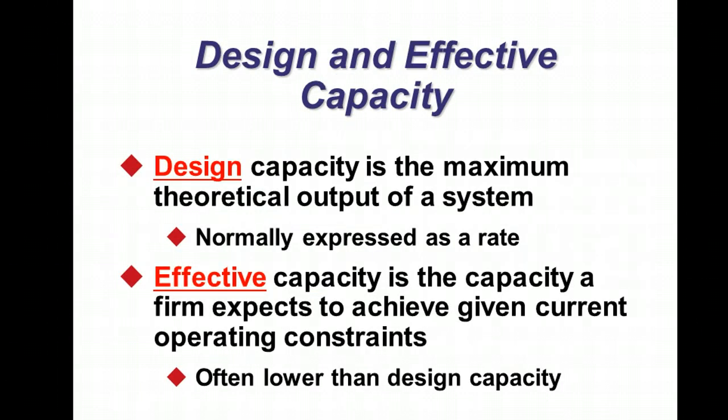Okay, so that's capacity. When you're talking about capacity, you have a couple different measures. You have what they call design and effective capacity. Design capacity is the maximum theoretical. Keep in mind that design and theoretical are pretty strict engineering terms: the absolute maximum you can get through that unit.